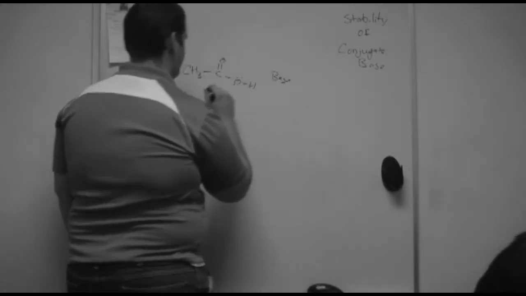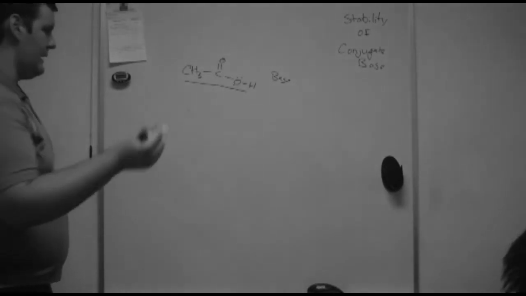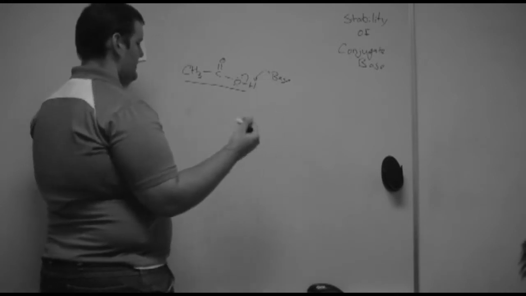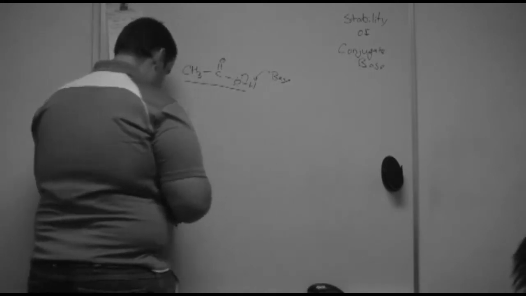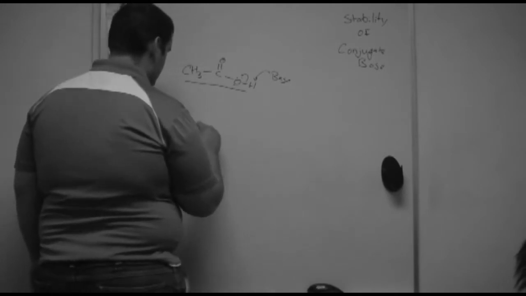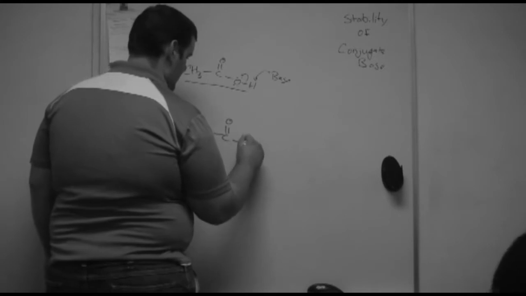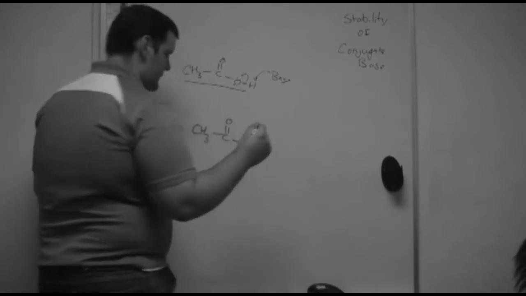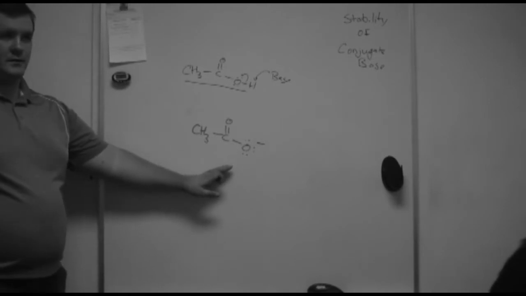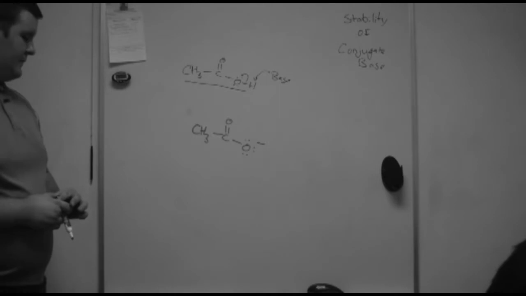Let's say we have this carboxylic acid, and a base comes along, and it's going to steal the hydrogen from it, right? So I'm going to draw the conjugate base in red here. This conjugate base now has a negative charge, correct? It's lost a hydrogen and it's gained the lone pair here.